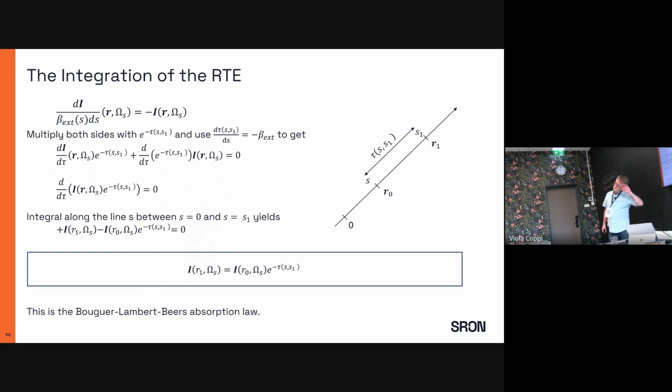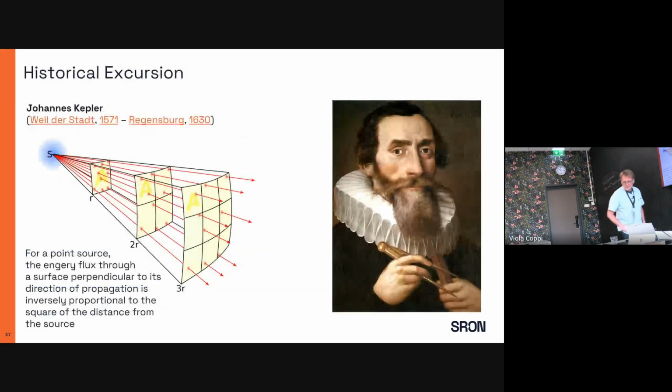It really goes back to the beginning of modern science. And the first name I want to mention is Kepler. You need to understand Kepler, what he found. And he said, if you have a point source of light and you look at the energy flux through a surface, and you compare that to the energy flux through the same surface at twice the distance, the energy flux goes down by a factor of 4.